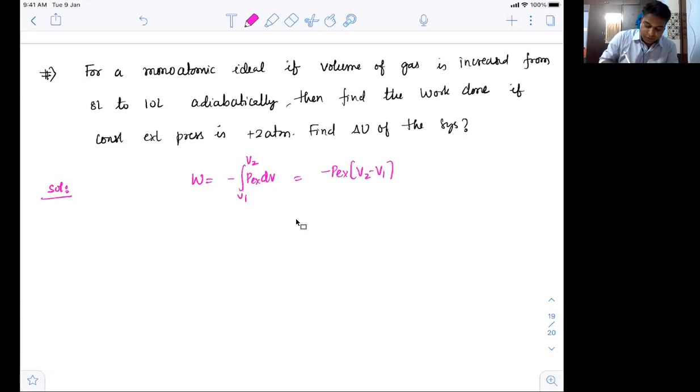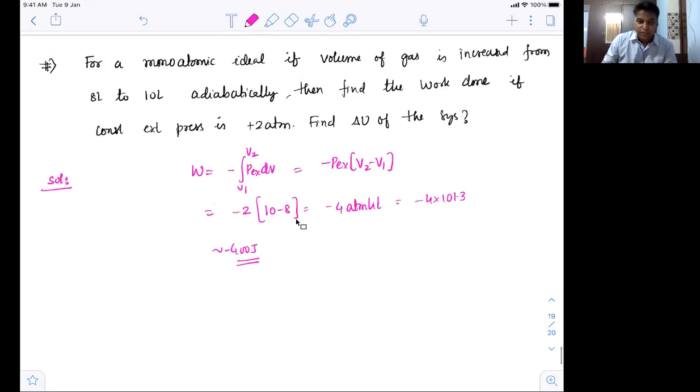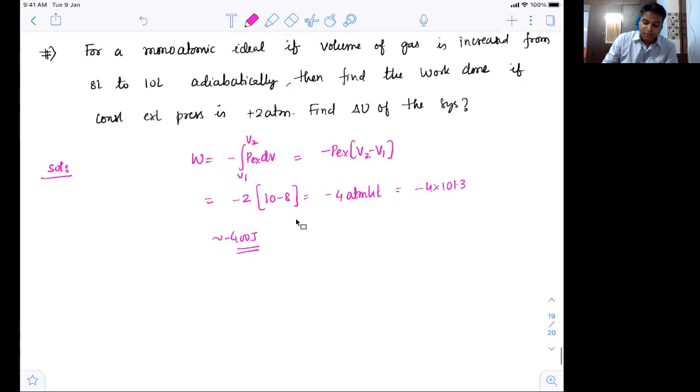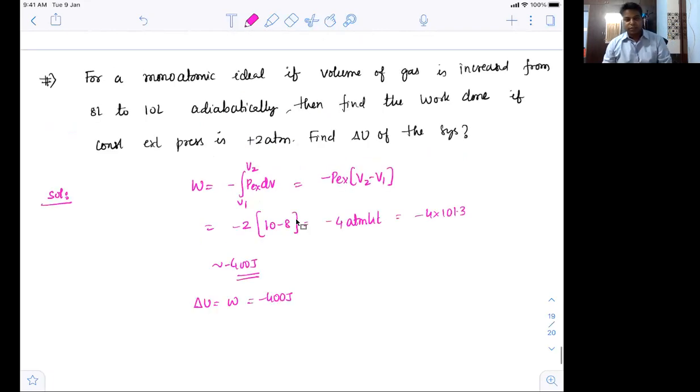That's all. We don't have to think so much. So it is 2 times 10 minus 8. So it is minus 4 atm liter. If you multiply that with 101.3, which is approximately 400 joules, with minus sign, which means it is an expansion work. That's why work is negative. Delta U will be equal to W, right? So it will also be minus 400 joules. So we don't have to work much here. Clear on this point?